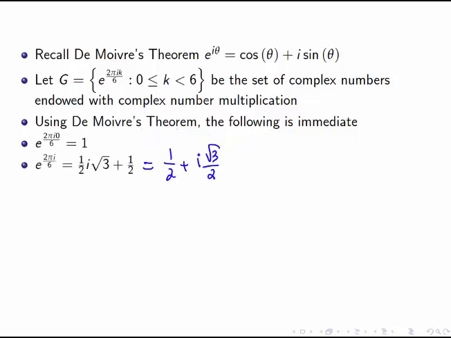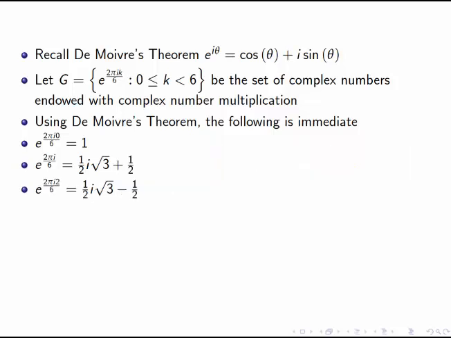You can also check that e^(2 pi i over 6) is equal to this. Again, you simply use the fact that this will be cosine of 2 pi over 6 plus i sine of 2 pi over 6, and then you use trigonometry to get the rest.